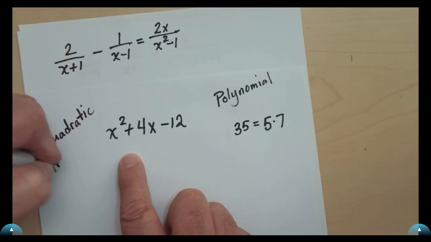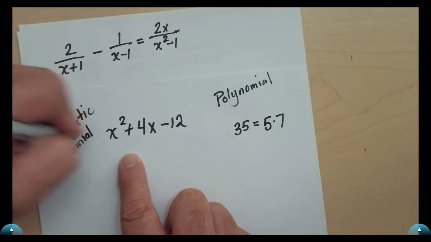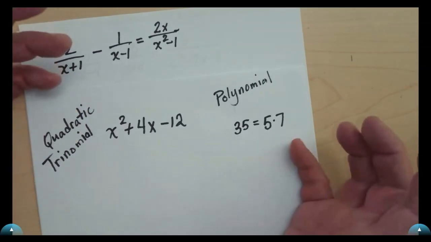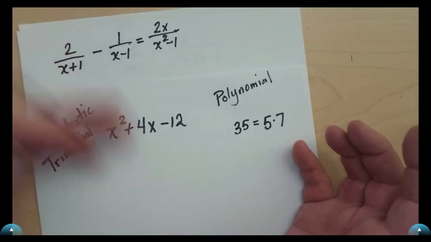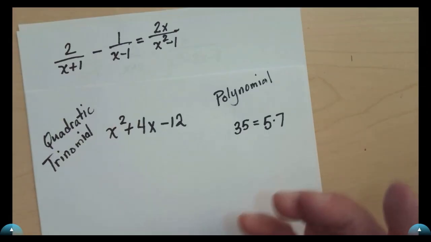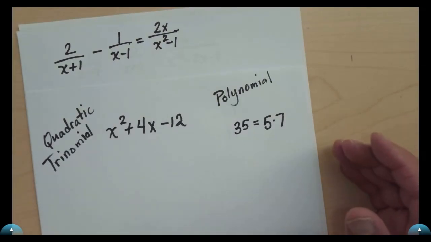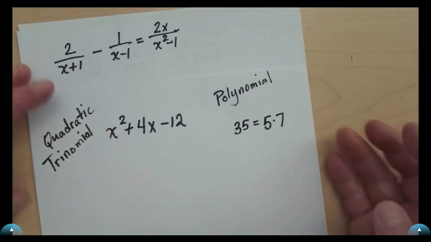That's not particularly important other than the fact that factoring quadratic trinomials is a huge part of what we need to be able to do in algebra. The need to do that pops up all the time, really not just in algebra. It pops up in geometry and trigonometry and calculus and differential equations. It pops up in everything.